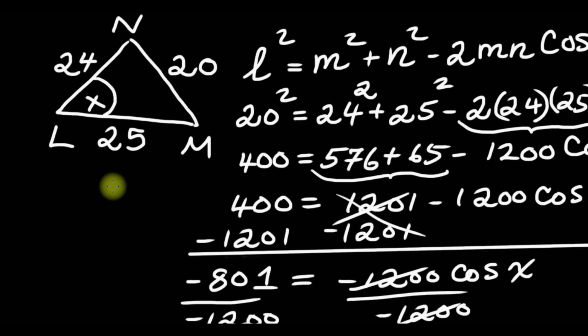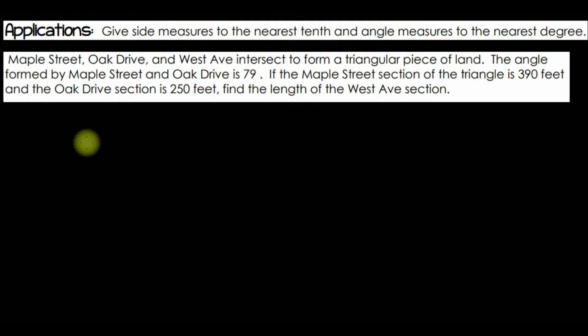So angle L for this triangle is going to be 48.1 degrees. So here you're given three sides of a triangle, and you can use the law of cosines to find out the angle. Okay, so here we're going to look at the application problems using the law of cosines.